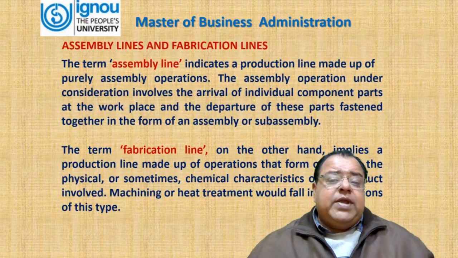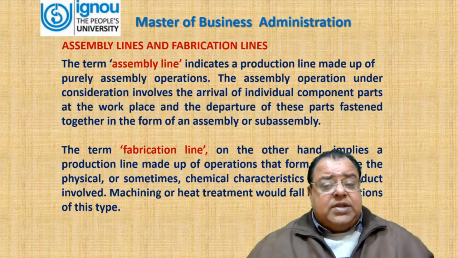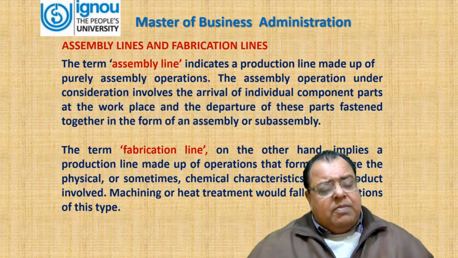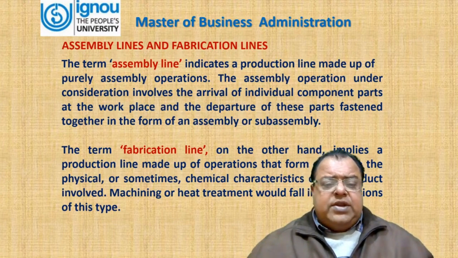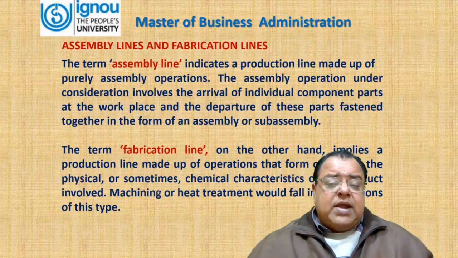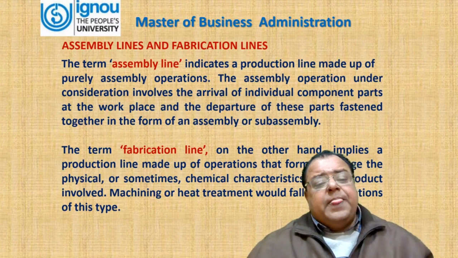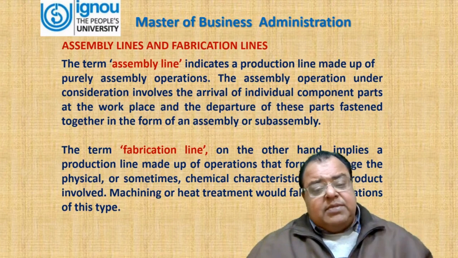Assembly lines and fabrication lines. The term assembly line indicates a production line made up of purely assembly operations. The assembly operation under consideration involves the arrival of individual component parts at the workplace and the departure of these parts fastened together in the form of an assembly or subassembly.